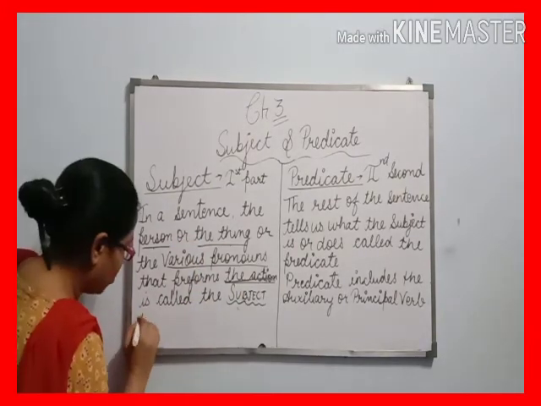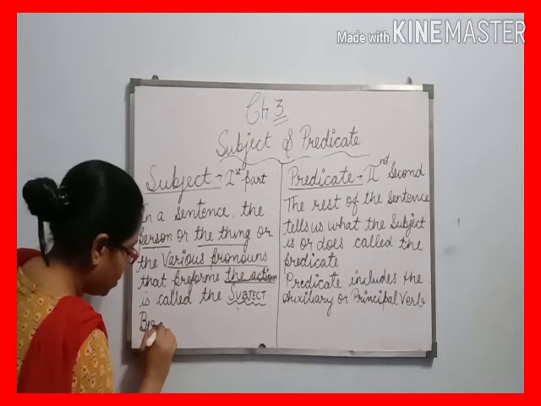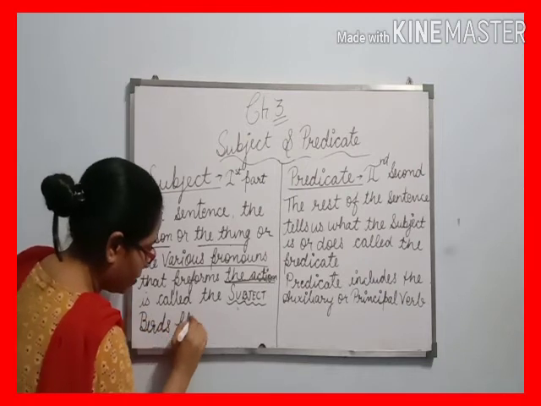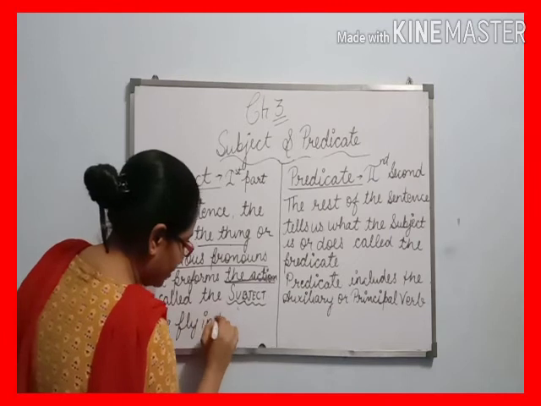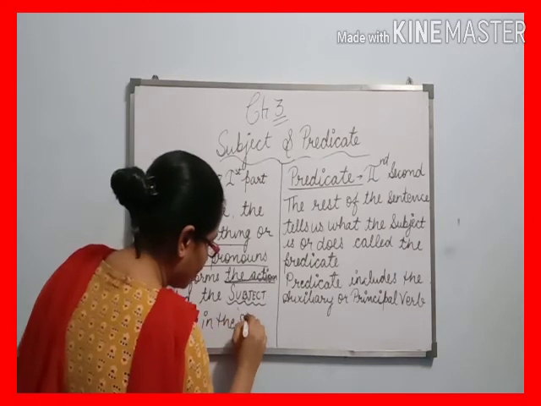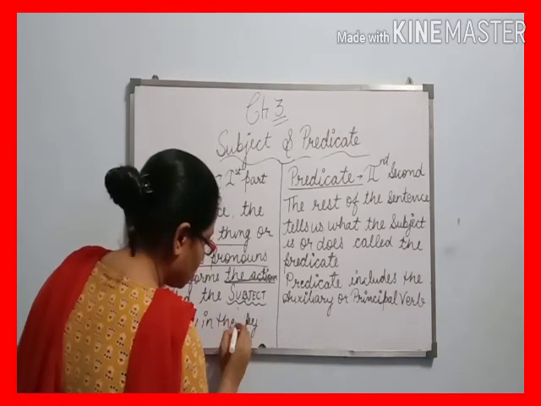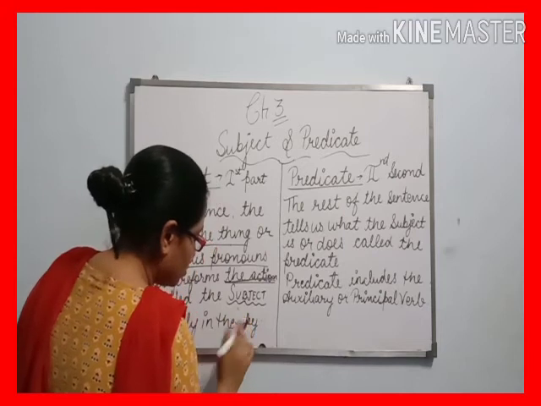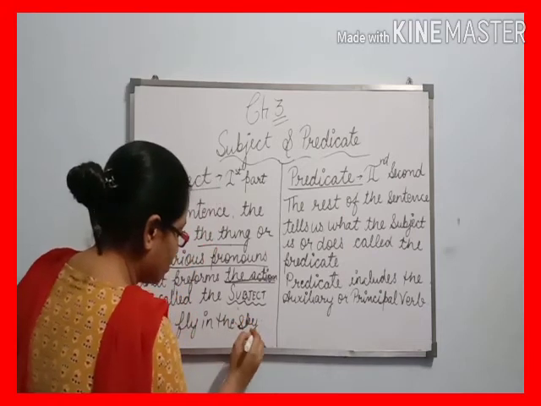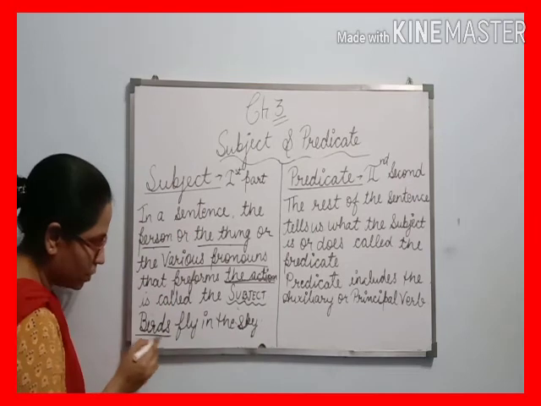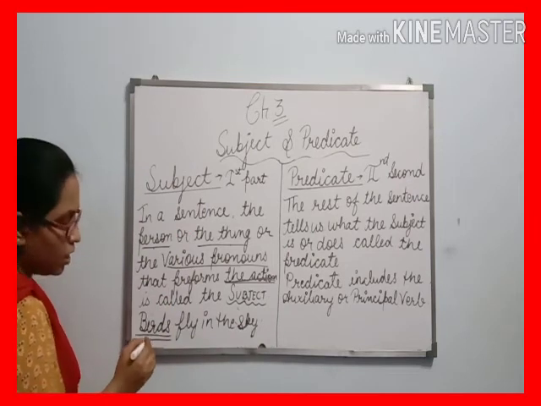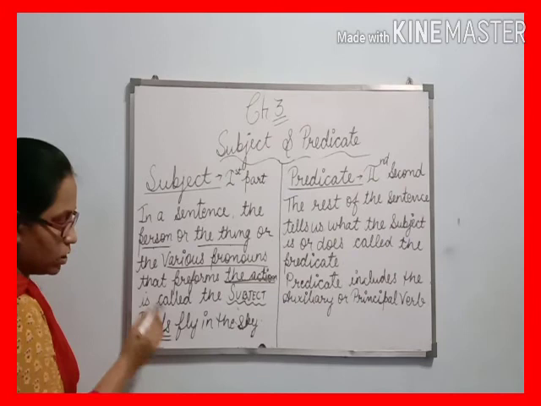Let me clear it with an example. Birds fly in the sky. So you can find what the subject is here. Subject is birds, because we are talking about the birds. What are the birds doing?